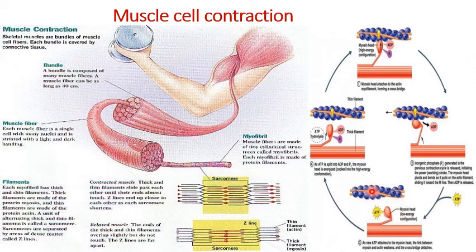As soon as the bridge is detached, ATP splits again into ADP and inorganic phosphate, and the myosin head again gets energized, and again the cycle repeats. The contraction takes place.